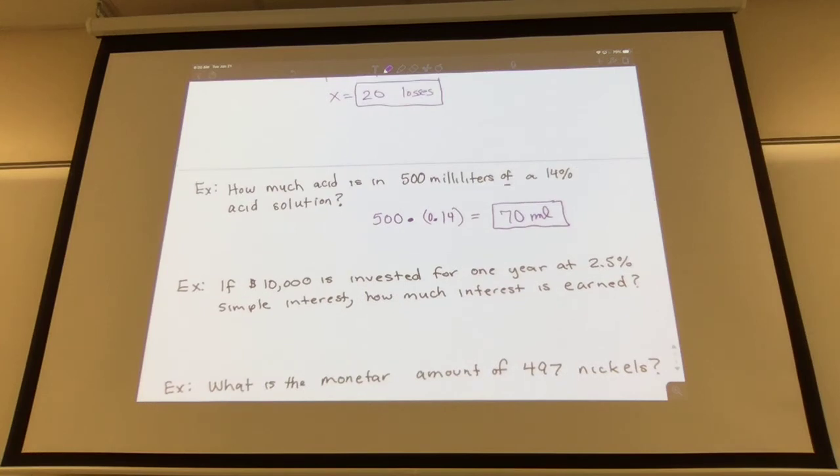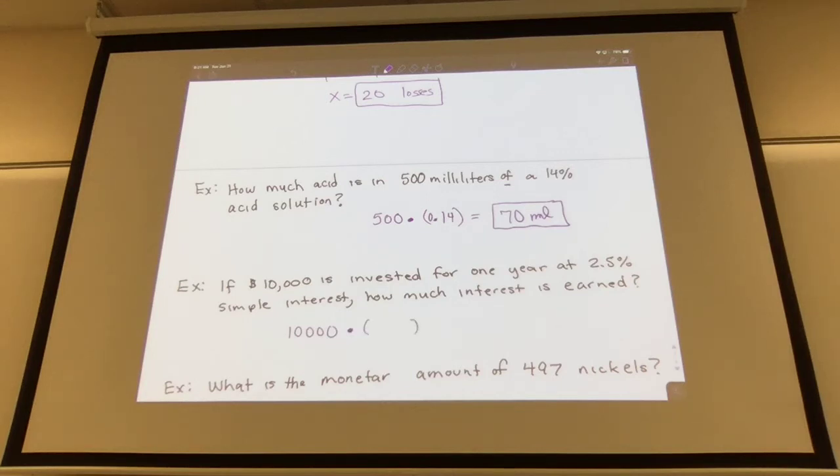An interest problem. So if $10,000 is invested for 1 year at 2.5% simple interest, how much interest is earned? So you start with your principal amount, which is 10,000, and you invest that. So we're going to multiply that by what's the percentage?